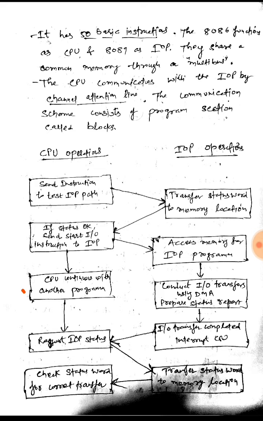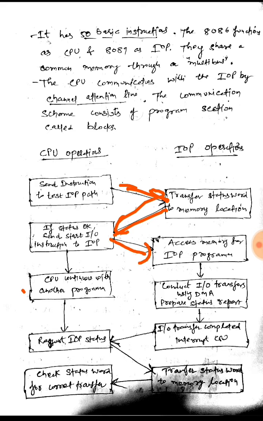So first the CPU sends an instruction to test the input output processor path. Then the IOP transfers a status word to the memory location which is stored in the CPU. If the status is okay, then the CPU sends a start input output instruction to the IOP.